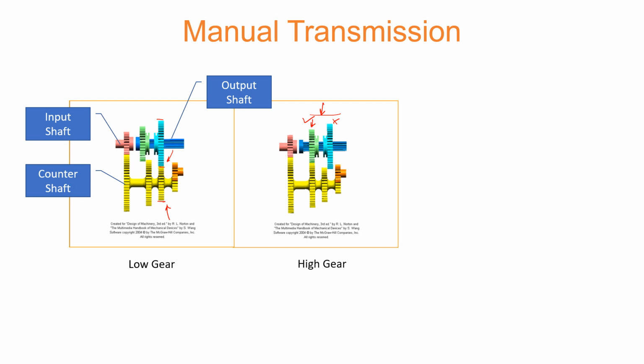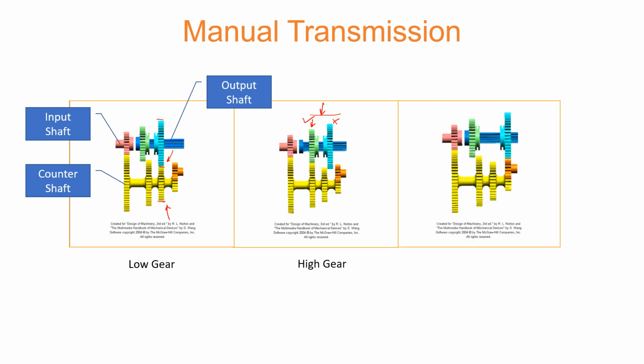If you wish to reverse the direction of the automobile, you can obviously do that, and that is an option available inside the cabin. Once you do that, you can see that there is this idler gear right over here that you can readily observe.